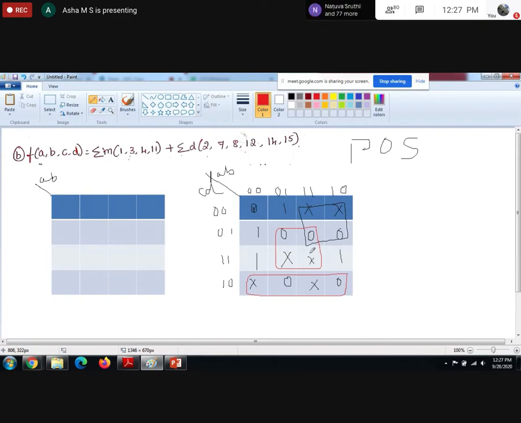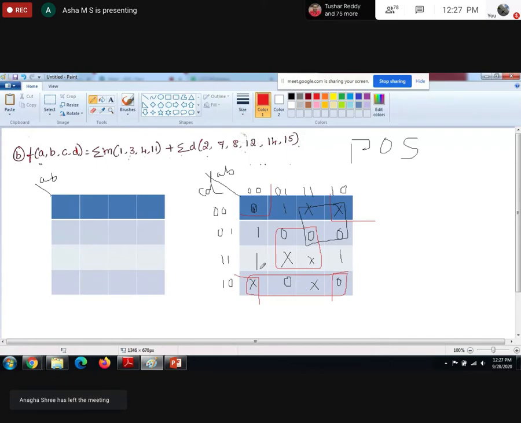So this one, this one, this one. Still I am left with this 0, so I can make a quad with this, this, this and this. So is this clear? Total I got 4 quads.